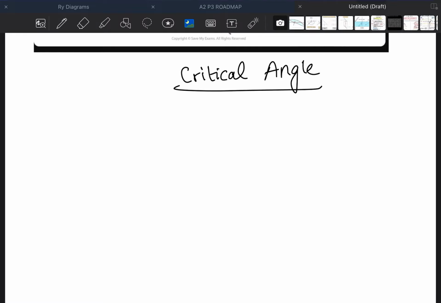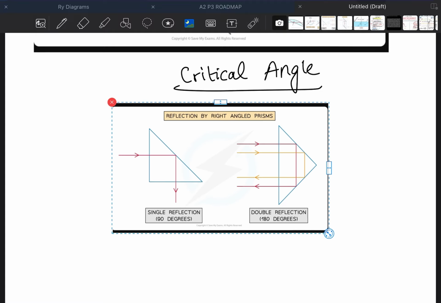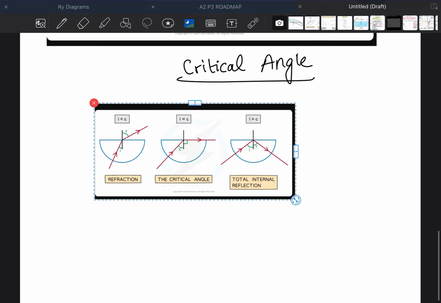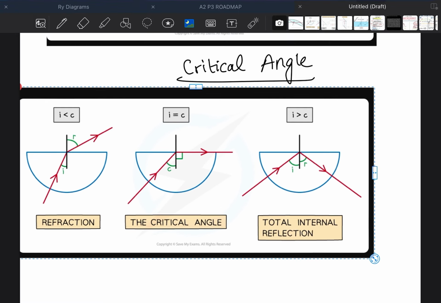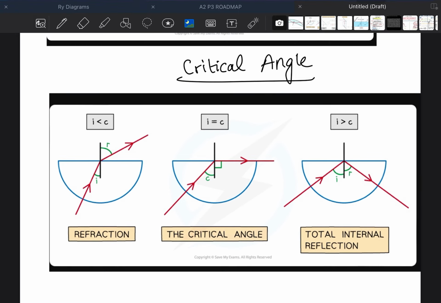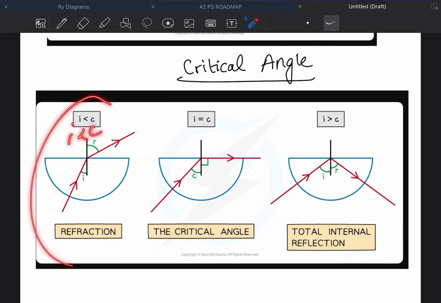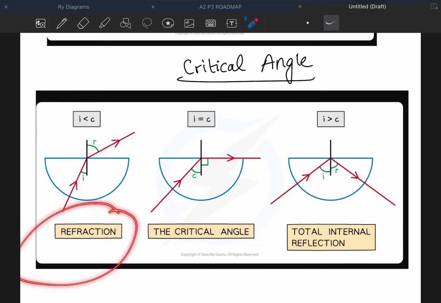Now, a diagram here, I could show you. Yeah, see, this is refraction taking place where the angle of incidence is less than the critical angle. So no total internal reflection, only refraction is happening.